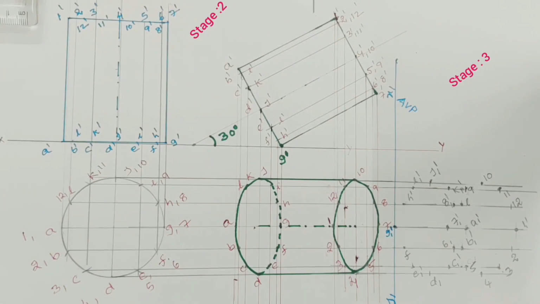Then we'll dot the required lines and draw dotted lines also based upon the principles we used earlier.